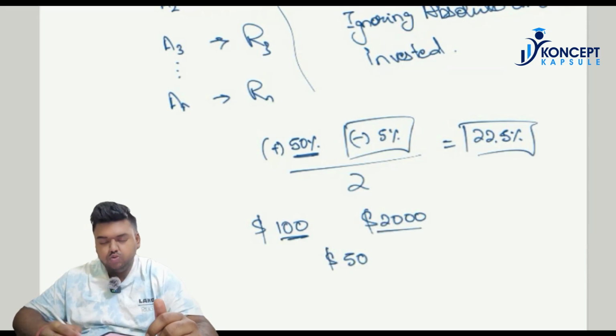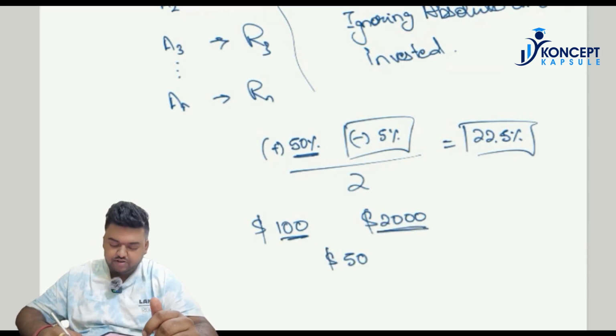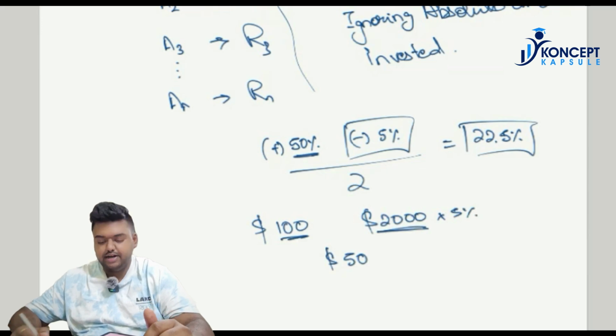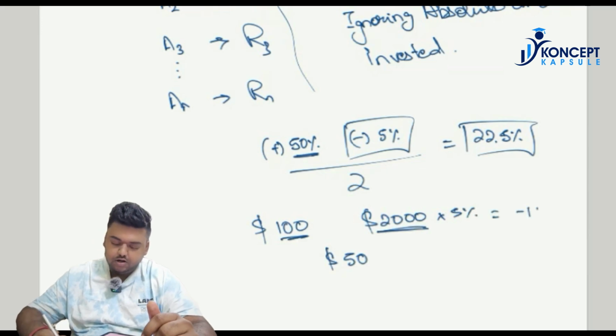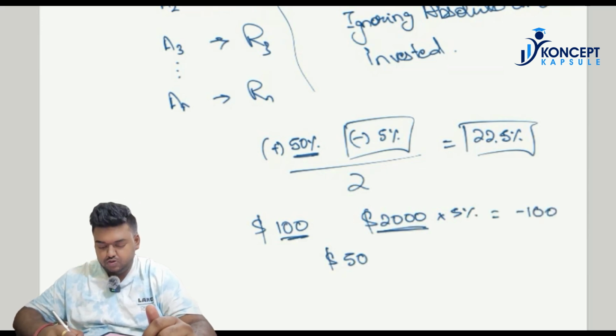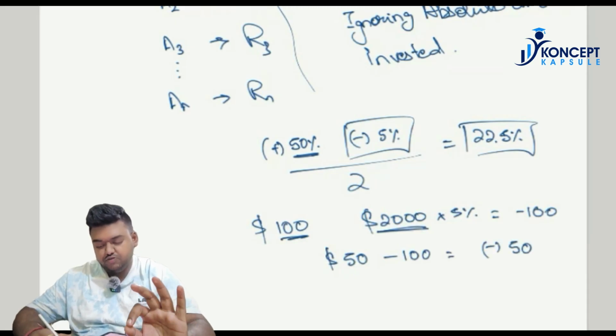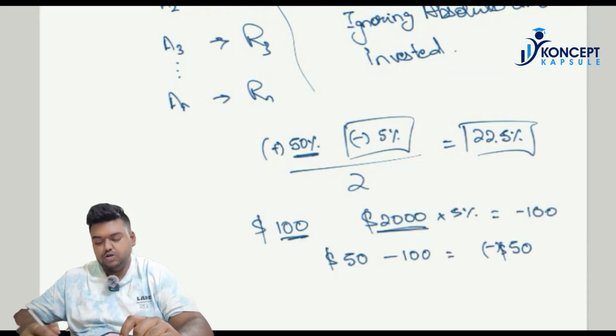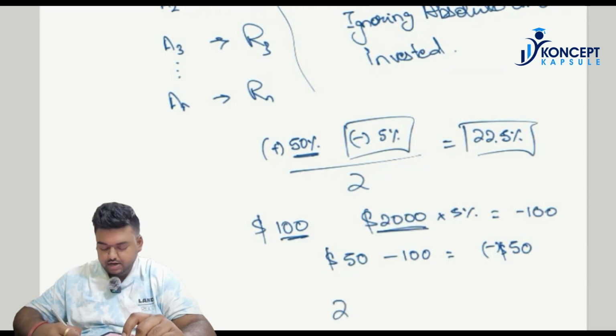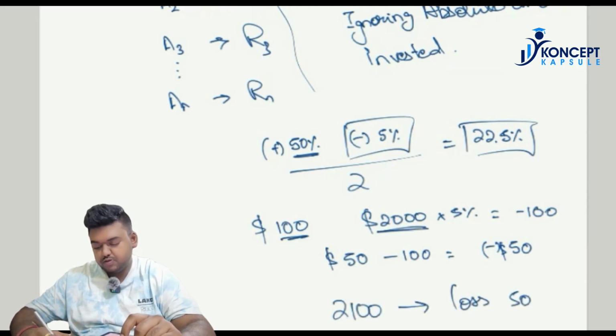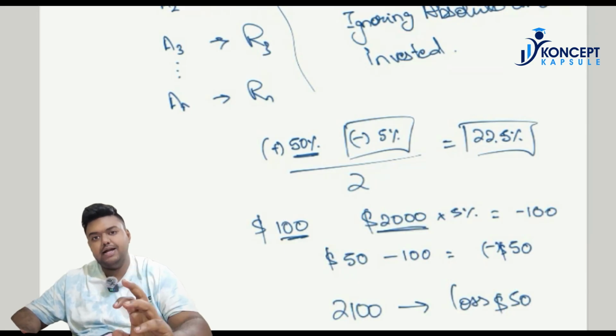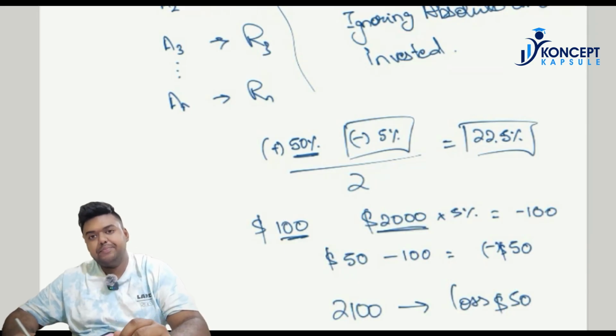In a $2,000 investment, you have lost 5%, correct? Which means you have lost $100. So minus 100. In reality, you have actually lost $50 in the process. So by investing $2,100, you have lost $50. Correct? Is it good? Is it bad? Is it very bad? Correct?